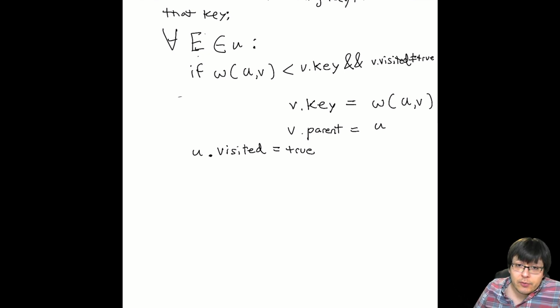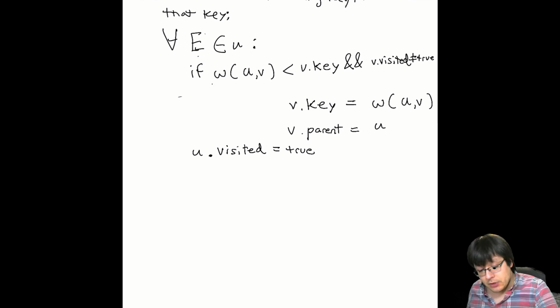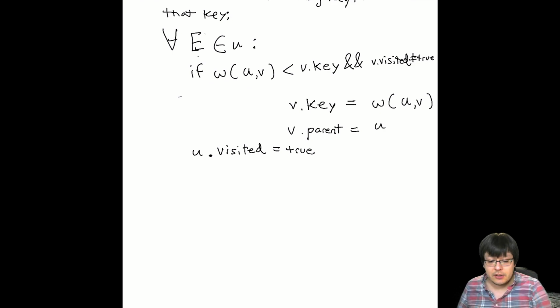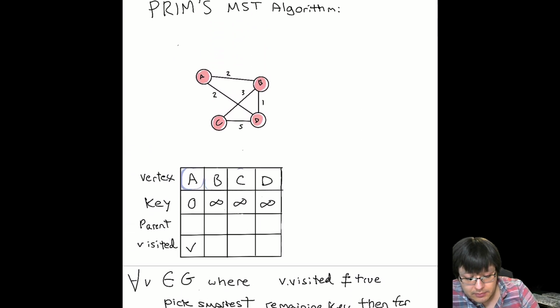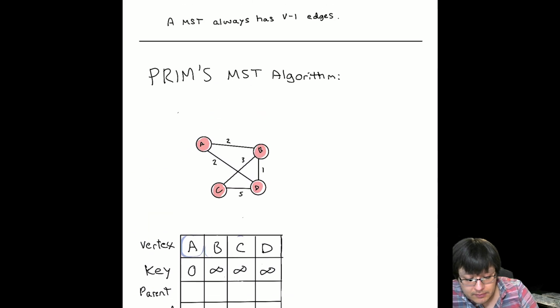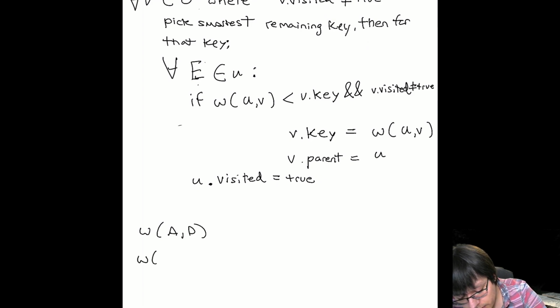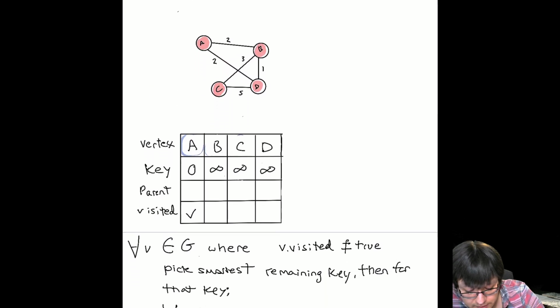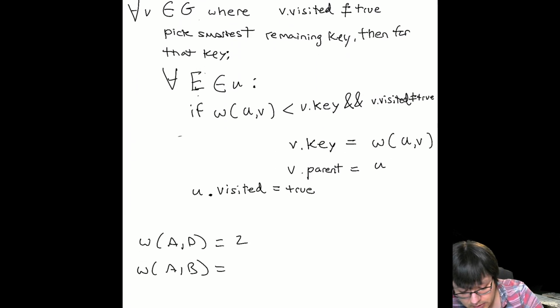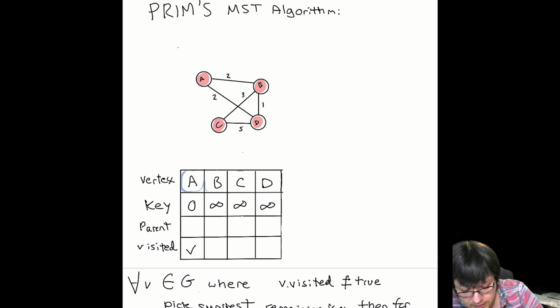So when I say the weight from U to V right here, I'm talking about checking the weight from that. So for example, for A, we have A to B and A to D. So I'm asking you what the weight from A to D and what the weight from A to B is. And it turns out that from A to D is actually 2, and from A to B is actually 2 as well.